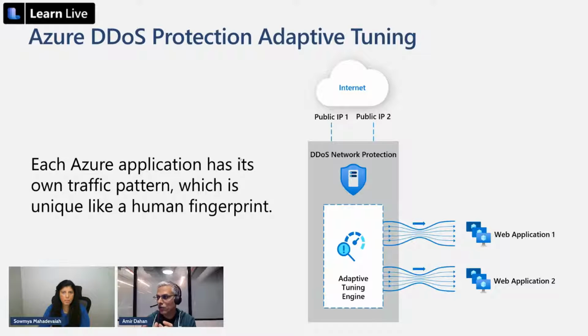We want to know what traffic looks like in peacetime, when there is no attack, and we look at various attributes and parameters in the traffic to characterize it. Once we have these two inputs, we inject them into the adaptive tuning engine, and this will result in establishing a DDoS protection policy for each and every application that it protects.